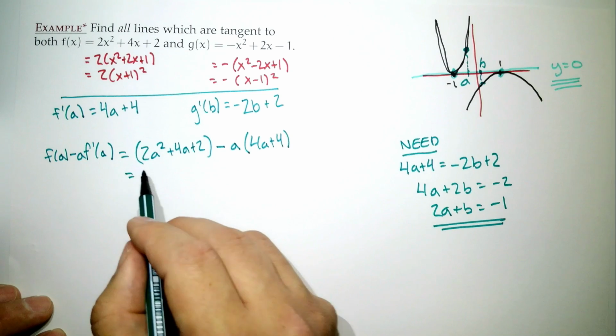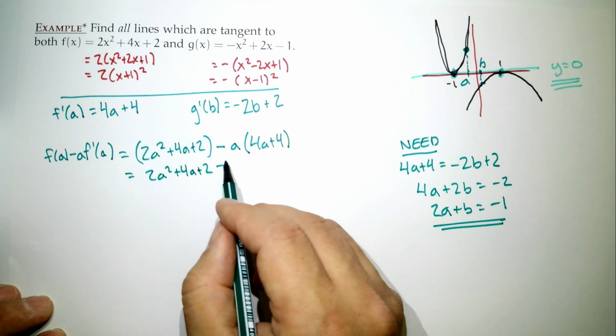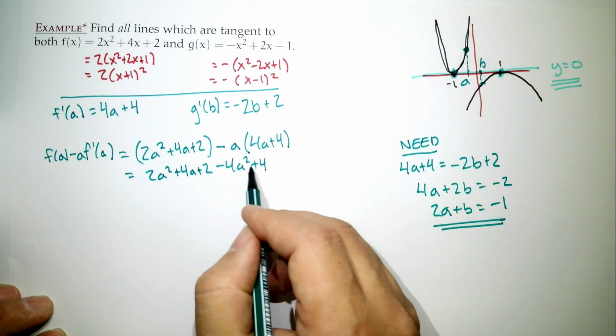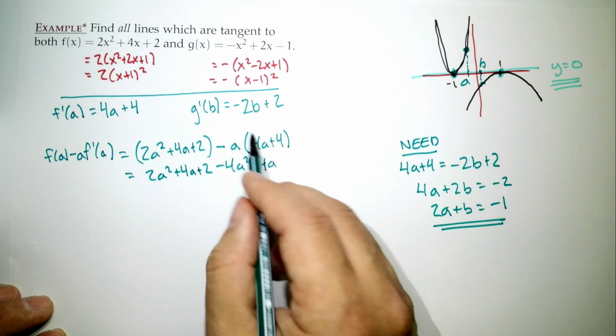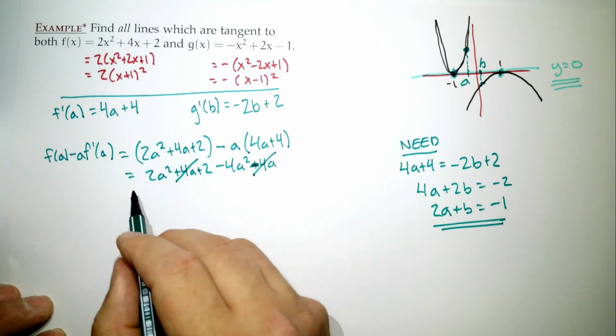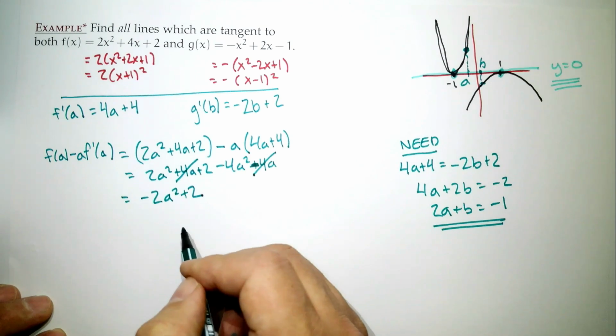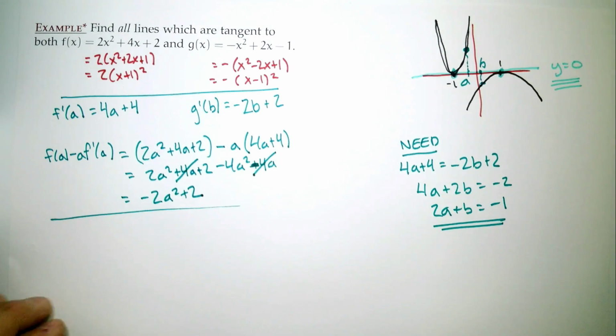So, cleaning this up, that's 2a squared plus 4a plus 2 minus 4a squared, minus 4a, because the minus goes through. The 4a and the minus 4a cancel. So that makes minus 2a squared plus 2.